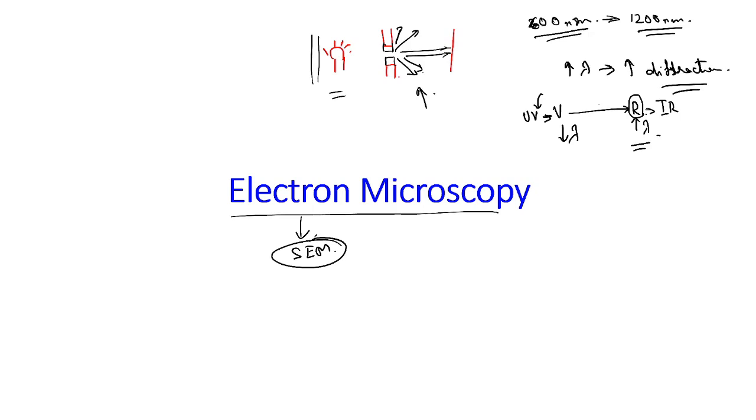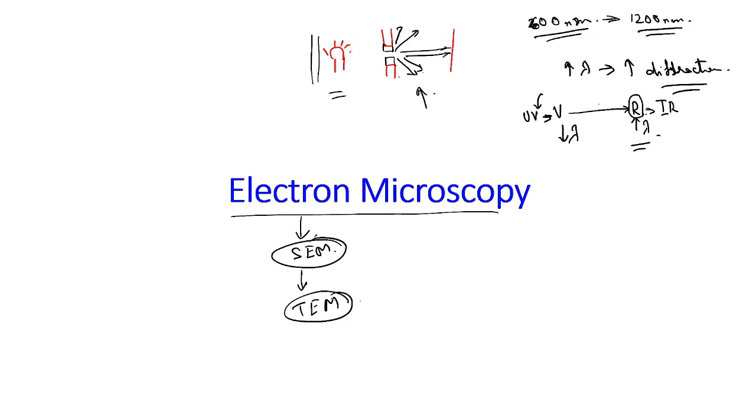So for a 600 nanometer or 700 nanometer particle, you will get sufficient information from there. However, if you want to analyze nanostructures, you need much higher energy, and that can be provided by transmission electron microscopy.